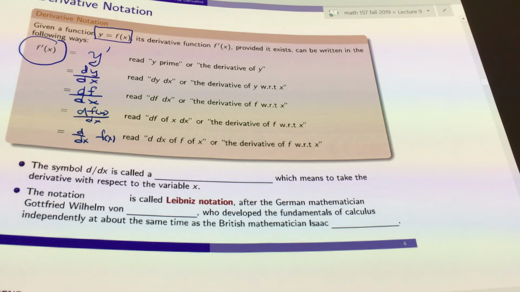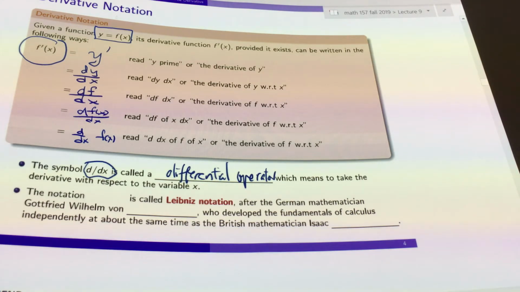The notation, as I mentioned, is a whole, so you shouldn't regard it as a fraction. So d over dx is actually a special notation called the differential operator.